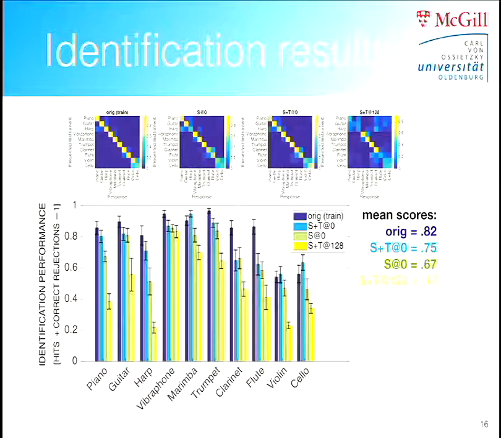If you're interested in that specific question, there's a paper by Clara Suied, Trevor Agus and Daniel Pressnitzer in JASA from 2014, which looks at the minimal gate duration required to categorize instruments into 3 different categories. They even use sounds that are shockingly short, like 8 milliseconds, and you can tell apart the voice from string sounds.